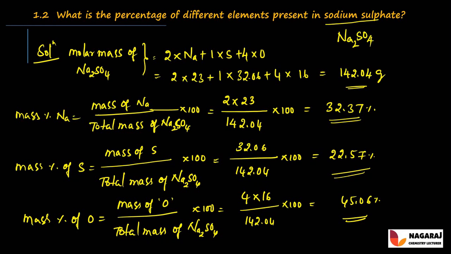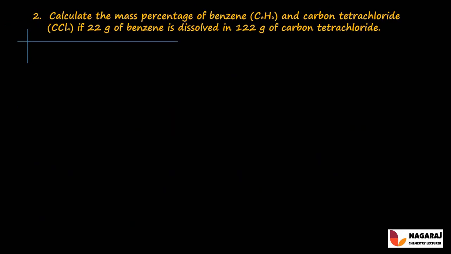And let us see how to calculate the mass percentage of the components present in a solution. Let us see how to calculate the mass percentage of benzene and carbon tetrachloride. If 22 grams of benzene is dissolved in 122 grams of carbon tetrachloride, we have to calculate the mass percentage of benzene and carbon tetrachloride.